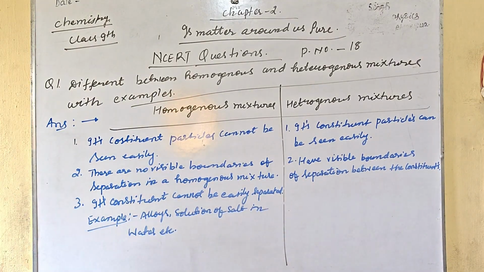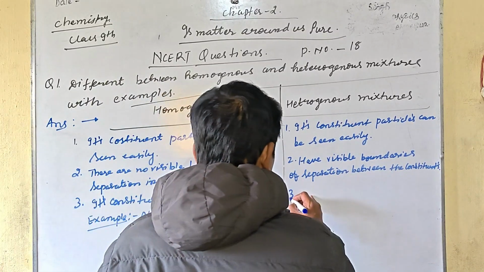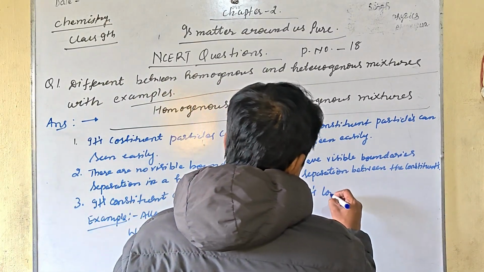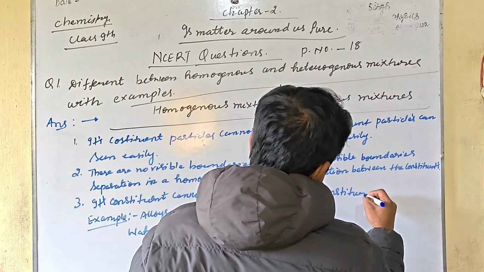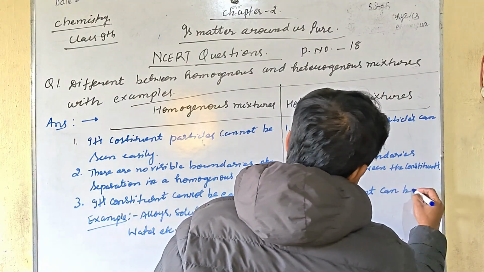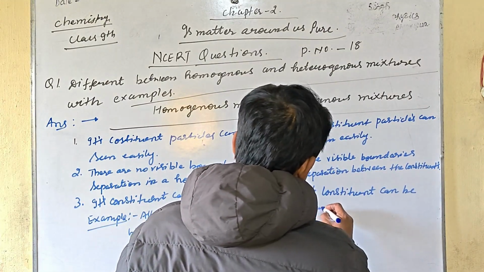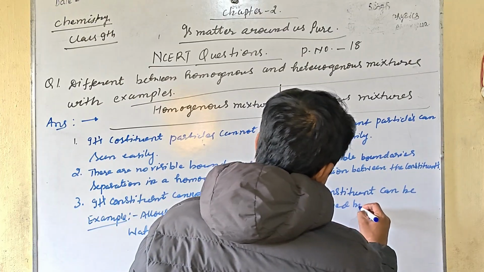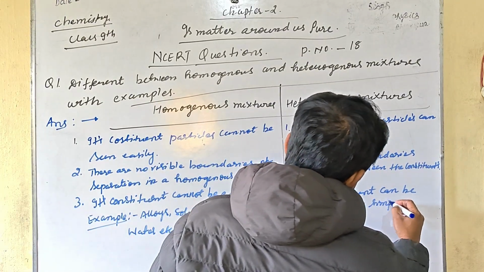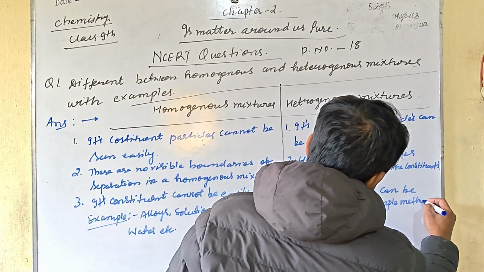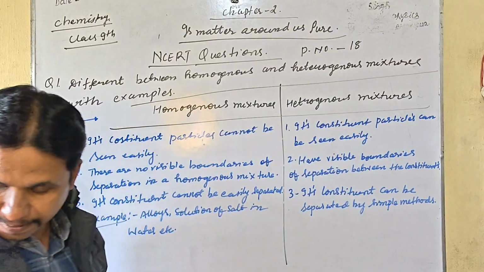Explanation number 3 in a heterogeneous mixture: its constituents can be separated by a simple method. So this is the point of explanation.